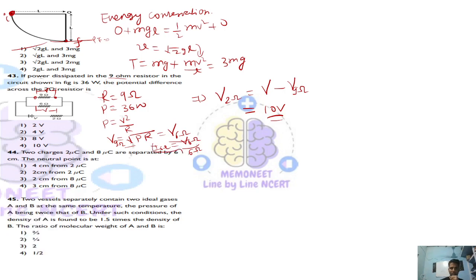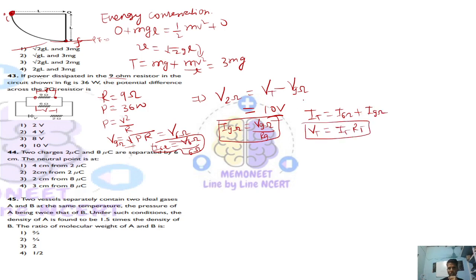From here you get I6, and similarly I9 equals V9 by R9. So I total will be I6 plus I9, and V total will be I total into R total. From here you get V total, and when you put it here and solve, it becomes 10. There is nothing difficult in the calculation. You simply need to do it.